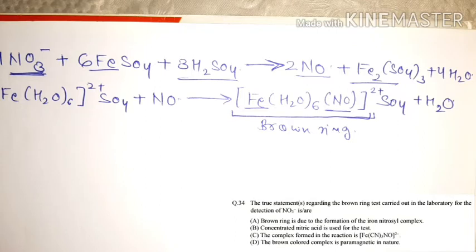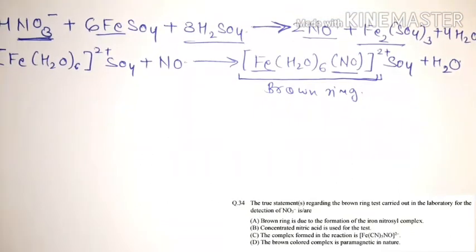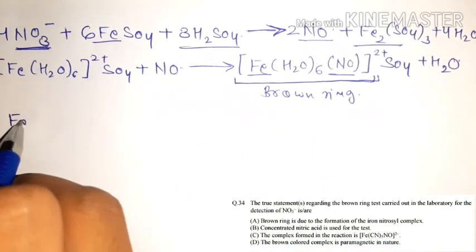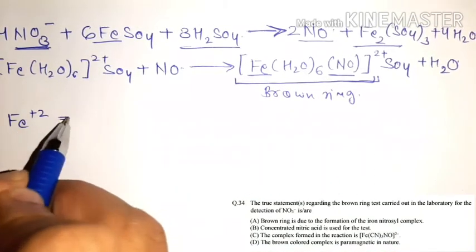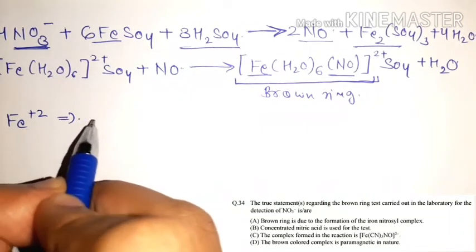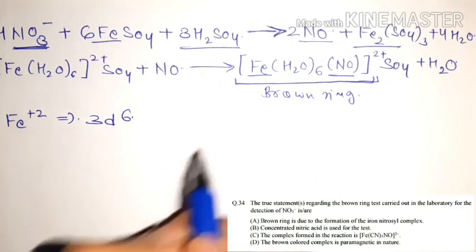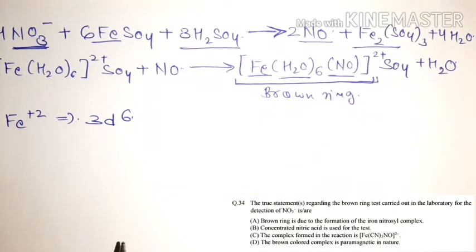Now we can check whether option D is right or wrong, which says that the iron nitrosyl complex, the brown color complex, is paramagnetic in nature or not. To observe whether this complex is paramagnetic or diamagnetic, we see that in the brown ring the iron is in plus 2 oxidation state, and its electronic configuration will be 3d6, and here you can see that H2O and NO are weak field ligands.